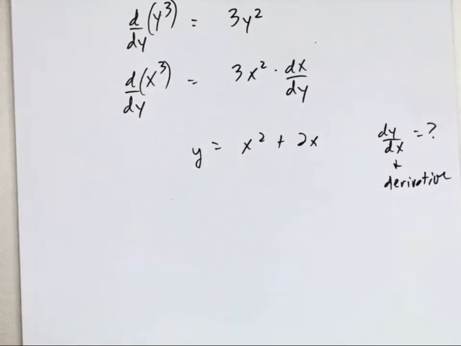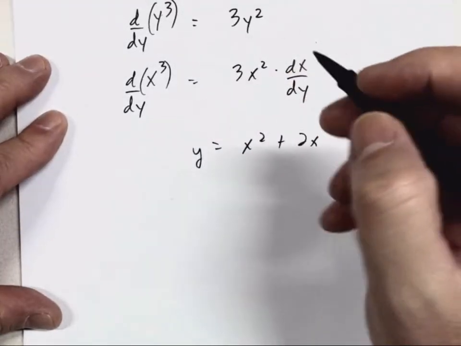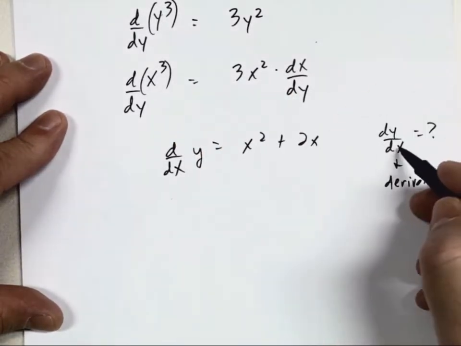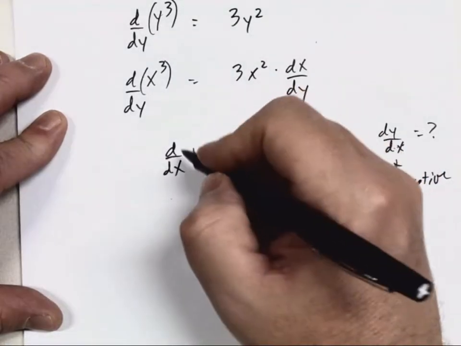And we call dy dx the derivative. So they say, here's an equation, go find the derivative, which means dy dx equals what? The way you find the derivative when you have an equation is you take the derivative of both sides. Now in this case, it's with respect to x.